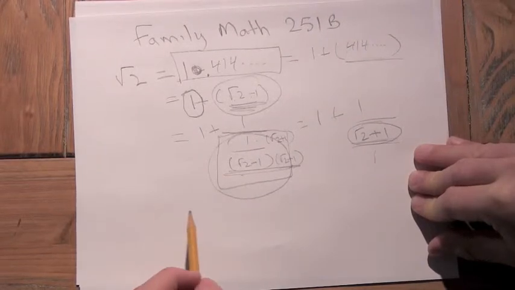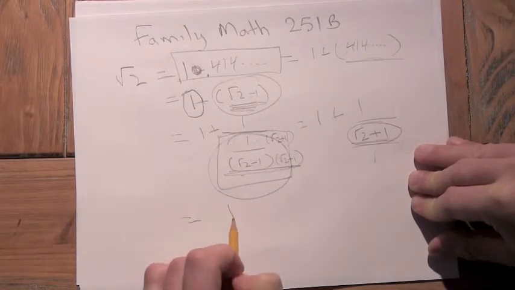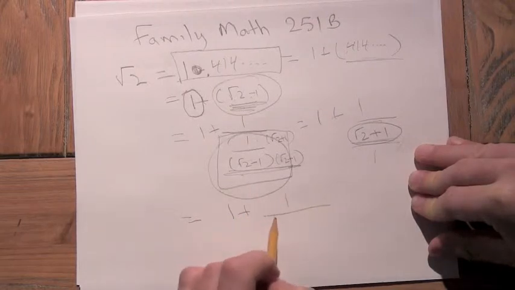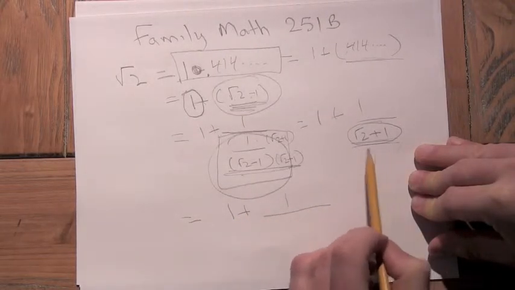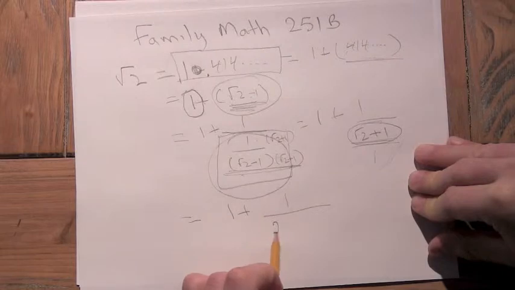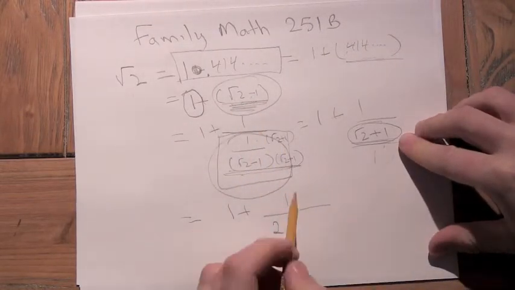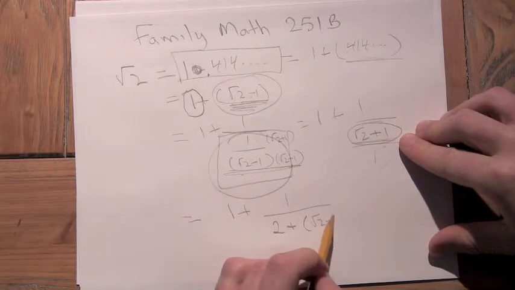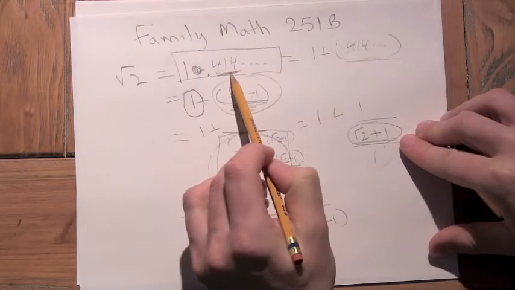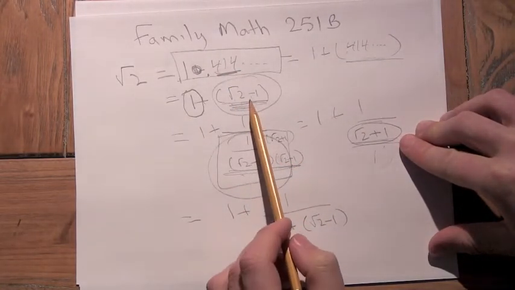Okay, very good. So this now equals 1 plus 1 over, I can get rid of this 1 on the bottom, right? 2 plus, and now I have the square root of 2 minus 1 again, because I have that same 0.414. And we already said that was the square root of 2 minus 1.